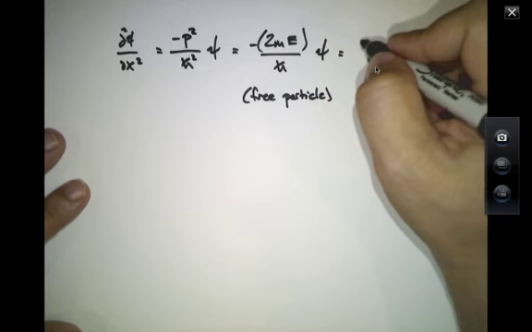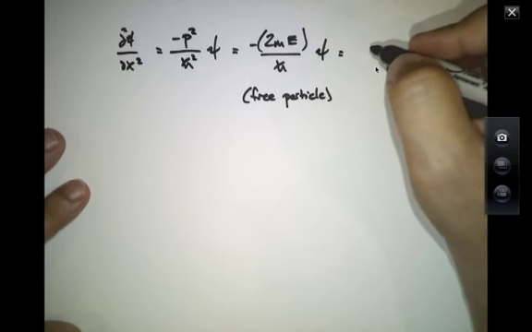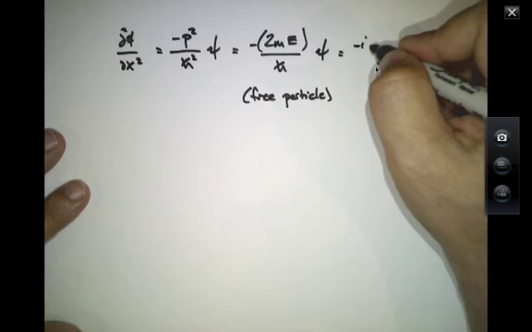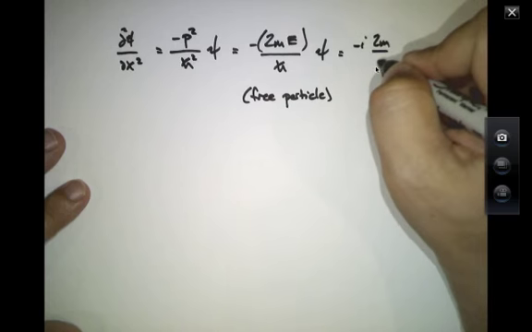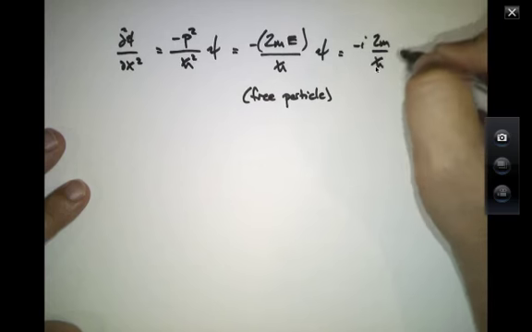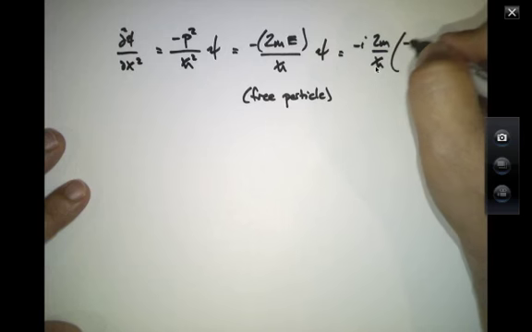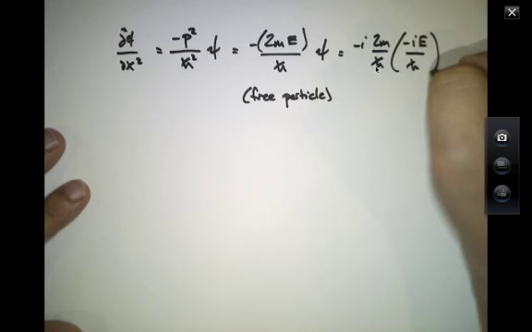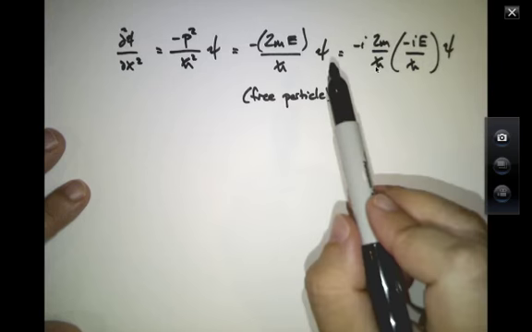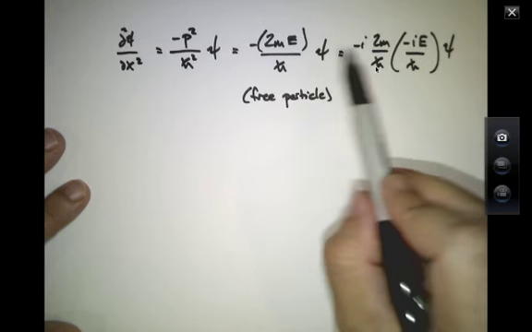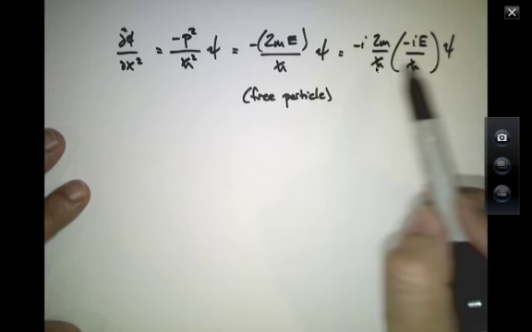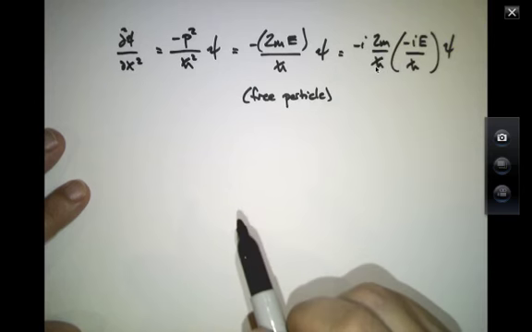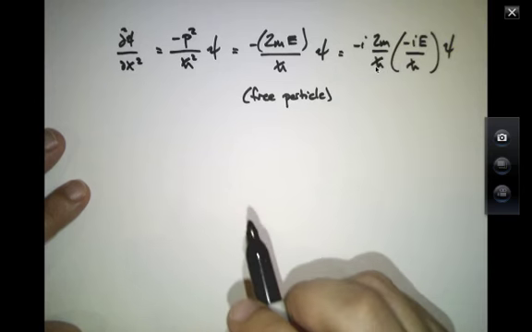And I'm going to multiply and divide by minus i over h bar. That's all I've done here. The step from here to here is just having a minus i over h bar.